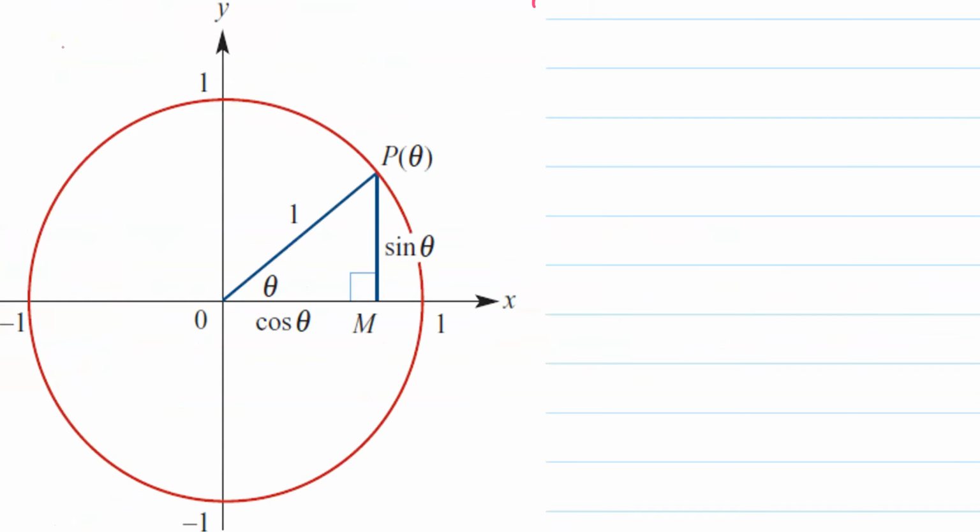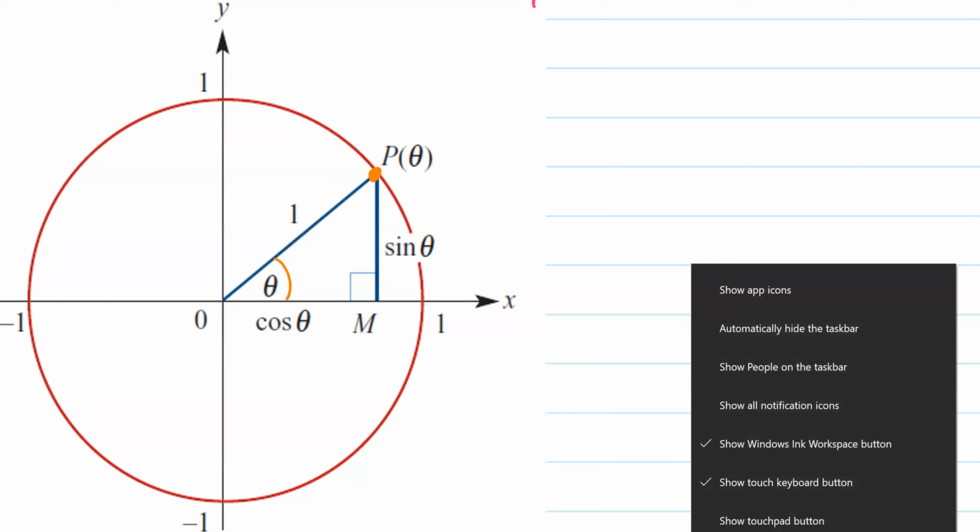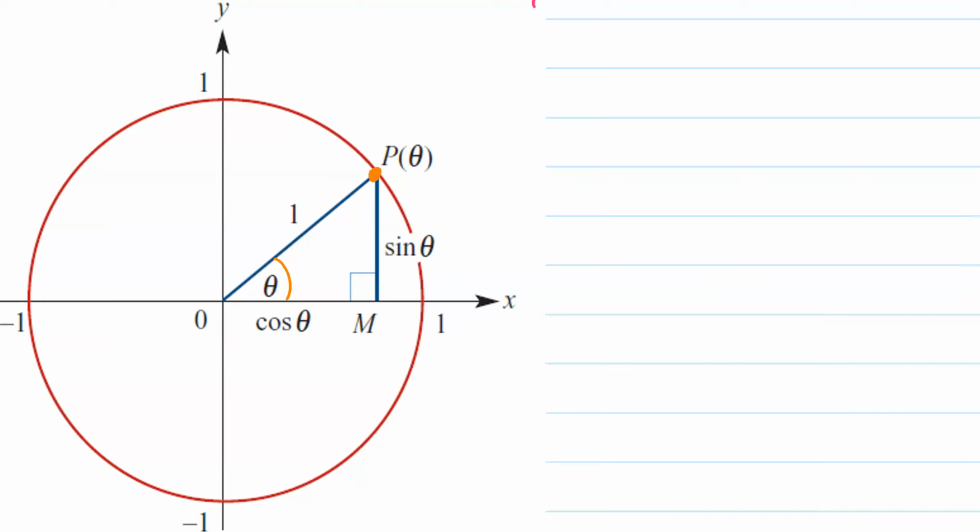Well, now let's look at the Pythagorean identity. Again, I'm going to pull the point here where the angle subtended is theta, and we know the height is sine theta and the length is cosine theta for this particular triangle, OPM. Using the Pythagoras theorem, we can write down OM squared plus MP squared is equal to OP squared.